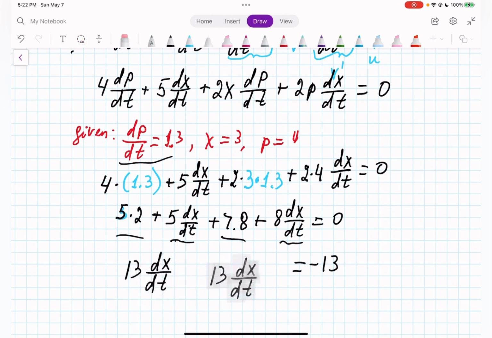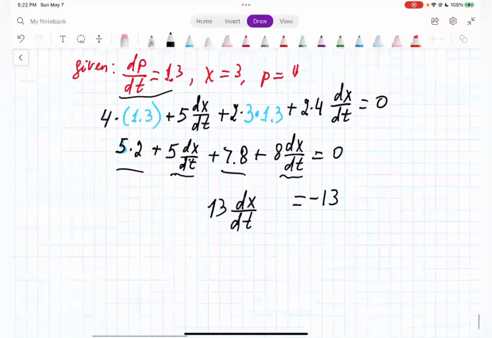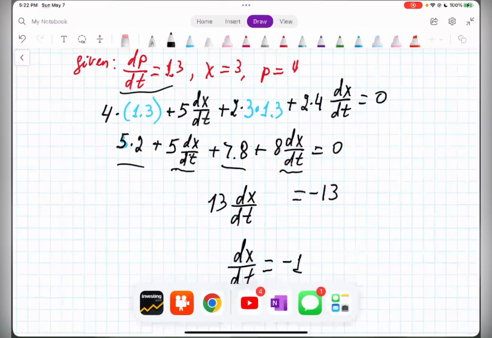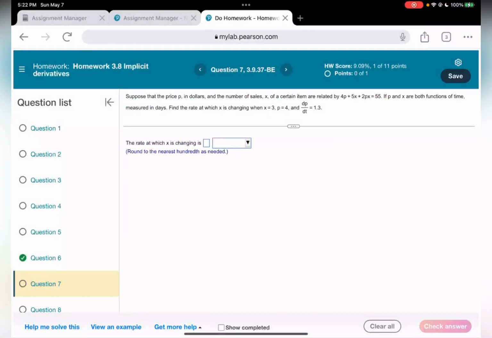I was going to take a common factor, but there is no other term, so they are like terms. I can put together 5 plus 8, 13 dx by dt. From here, dx by dt is equal to negative 1. Therefore, the sales are decreasing by about 1 per day. Let's plug in the numbers.